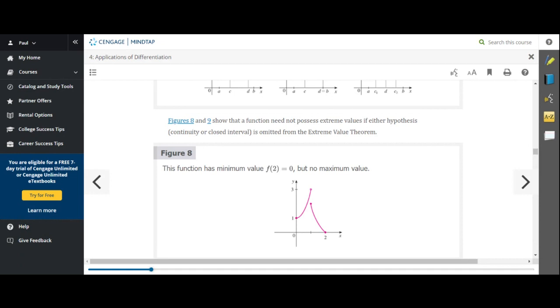I mean, the function does get pretty near x equals 1. The function does get pretty close to 3. But Sua says no. It could be 2.99999. Oh, but maybe it isn't 2.99999. Maybe it's 2.9999999, and so on and so on. You see, there's no maximum value.